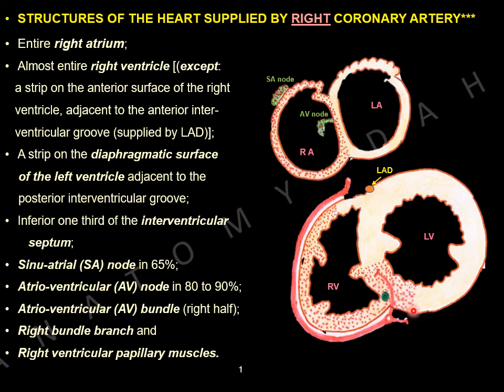A strip on the inferior surface of the left ventricle, but the right coronary artery does not supply upper 2/3 of the interventricular septum and anterior surface of the right ventricle, little strip next to the anterior interventricular groove. These parts are supplied by left anterior descending from the left coronary artery.